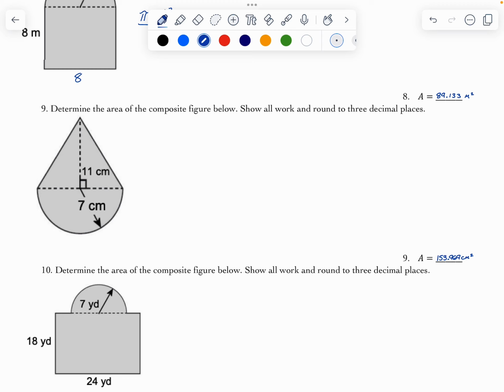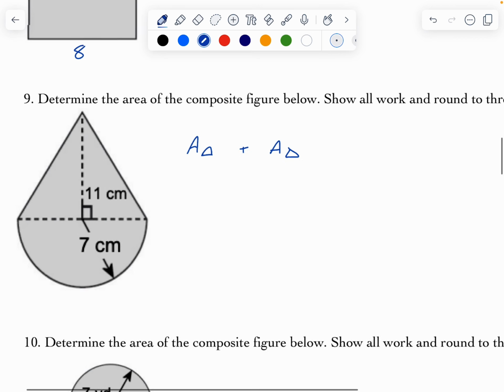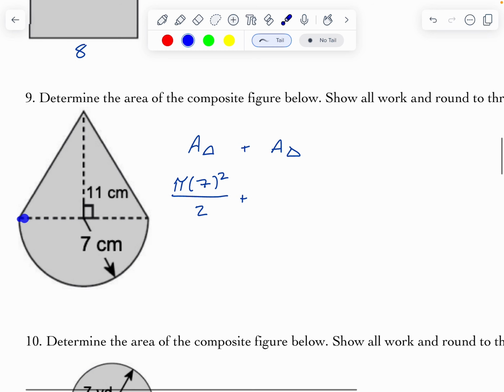For the second one here, I have the area of my semicircle, and I have the area of my triangle. My semicircle has a radius of 7, pi times 7 squared divided by 2. But for my triangle, I don't have a base. Well, not yet. I know that the radius of this circle is 7.